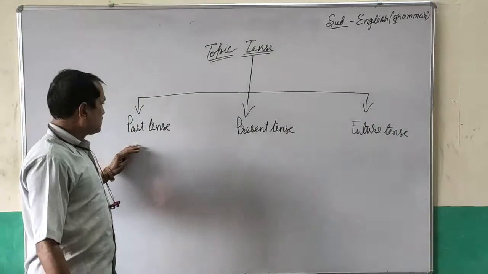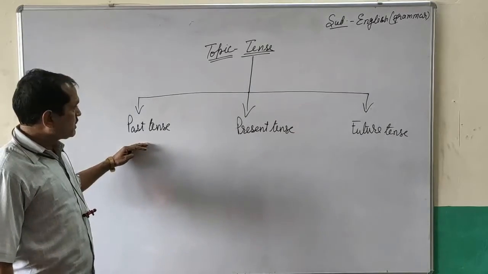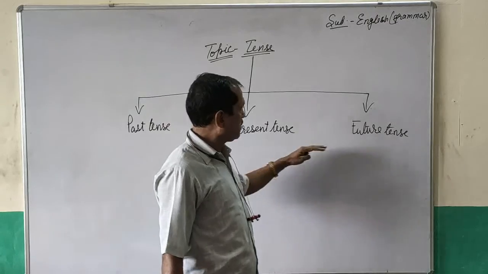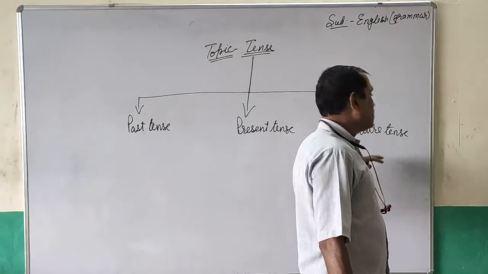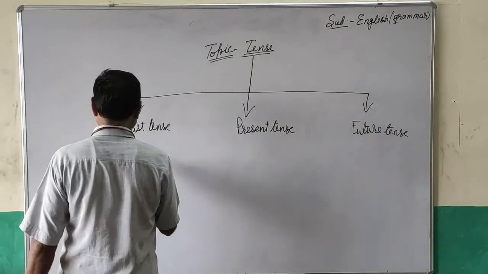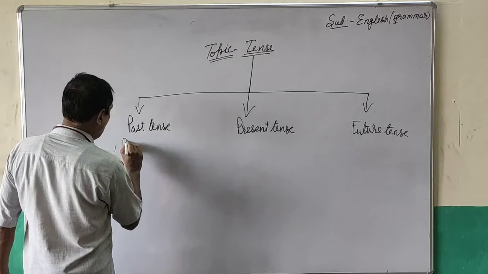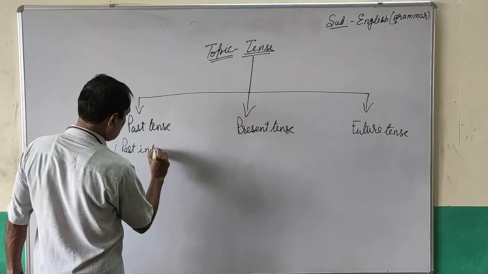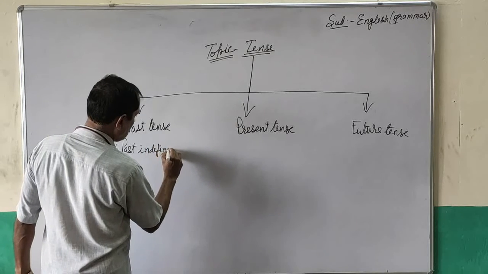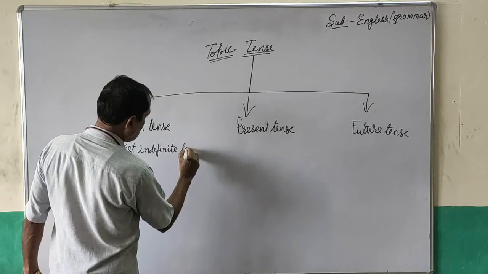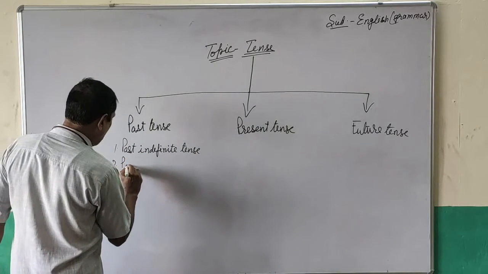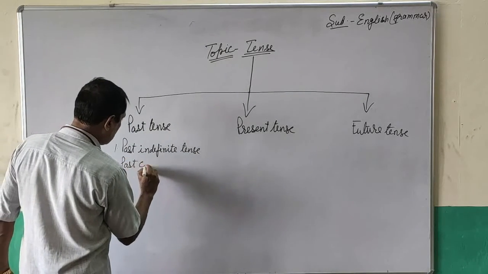There are four kinds of past tense, four kinds of present tense, and four kinds of future tense. Number one, past indefinite tense. Number two, past continuous tense.